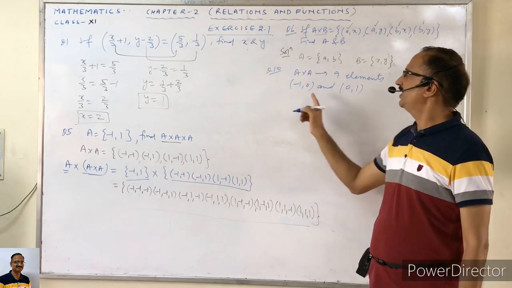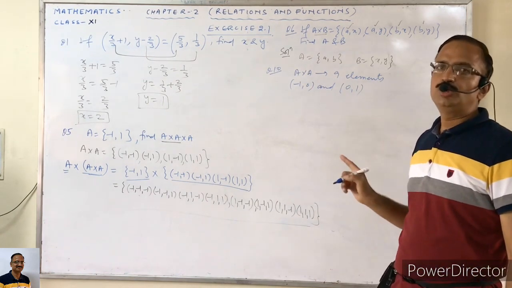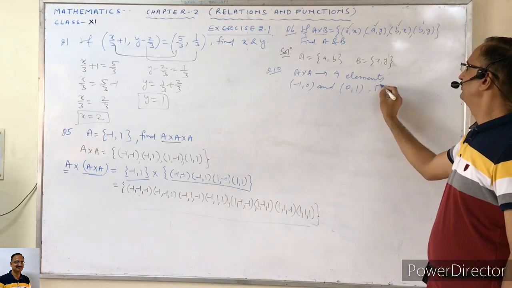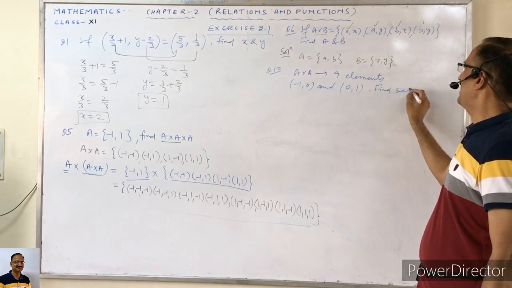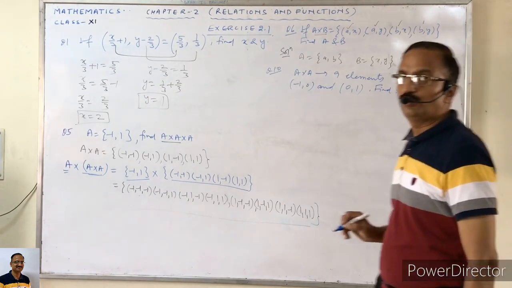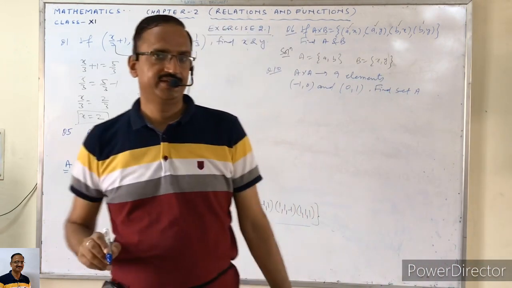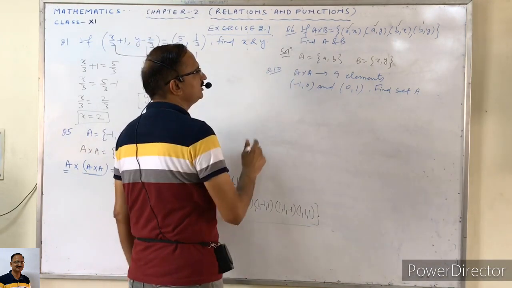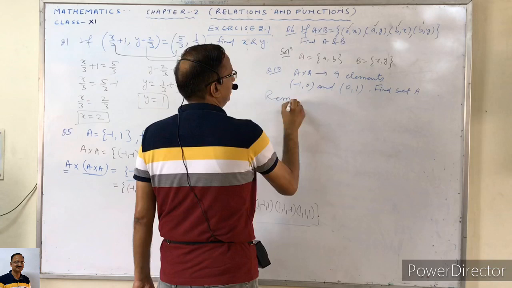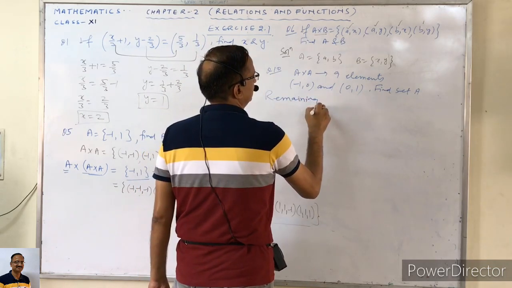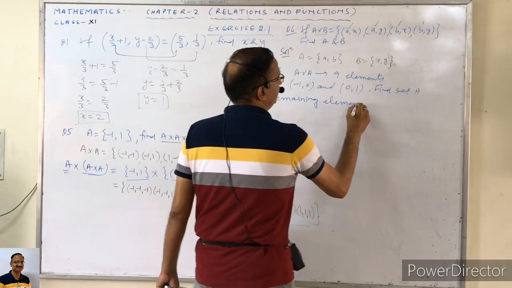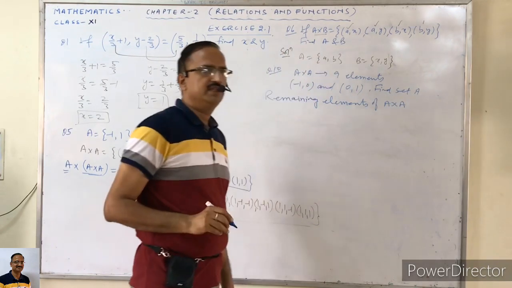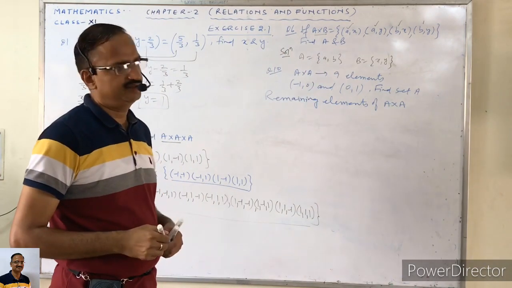Out of these 9 elements, these are the 2 elements which are given. Now we have to find set A, and the remaining elements of A cross A. These two things we have to find.